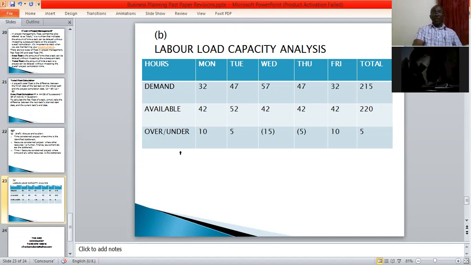According to the question, on Monday the demand was 32 and the available was 42. So we are able to find the over and the underload.